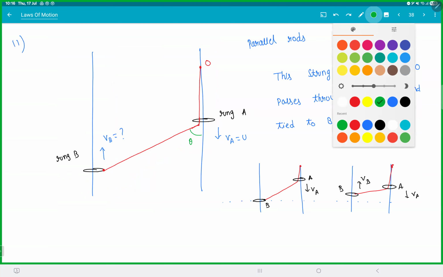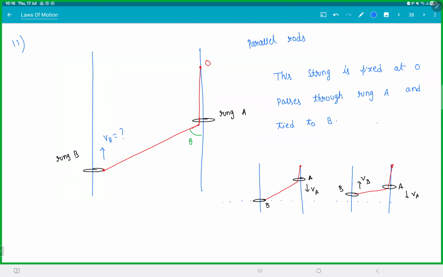So can you find the speed of B then? If A's speed is constant, if A is pulled down with speed u, find VB. There, let's get this.